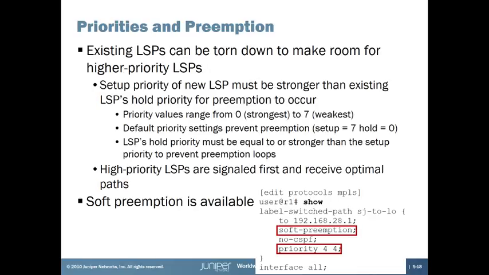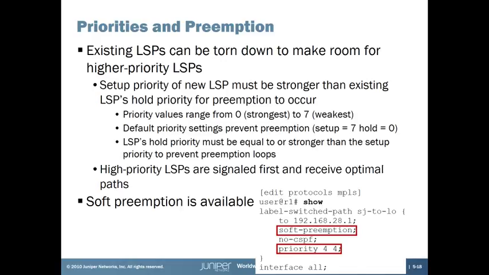So let's take a look at these priorities. The priorities values range from 0, which is the strongest, to 7, which is the weakest. So we have 7 possible priorities. Default priority settings, so if you don't set anything at all, the priorities that are set by default is the setup is 7 and the hold is 0.